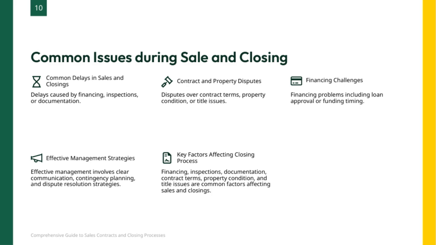Being aware of these helps us anticipate potential hurdles and manage them proactively. Overall, understanding these common issues and having strategies to address them is crucial to a successful sale and closing. It keeps the process smooth, efficient, and positive for everyone involved.